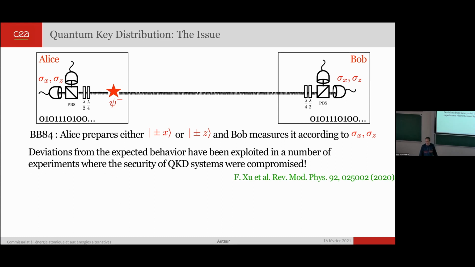So we could ask, I thought this was secure. How can you have an attack on such systems? Basically the reason behind those attacks is that in practice, the states are not exactly the states that were supposed to be, and the measurements might not operate exactly as we want them to.